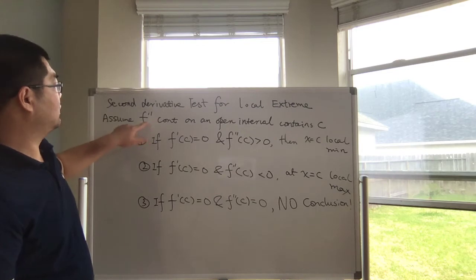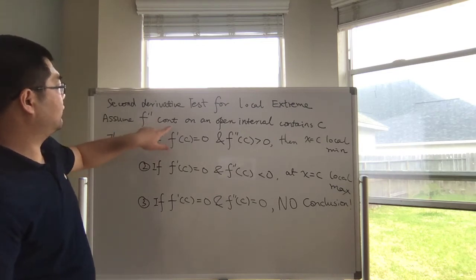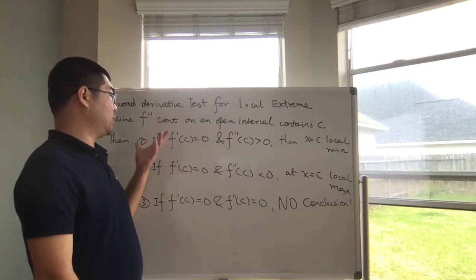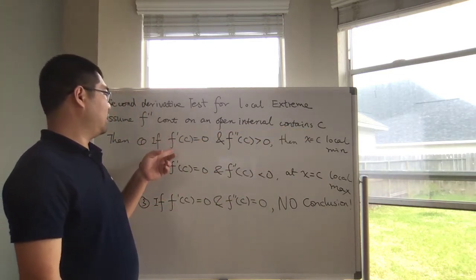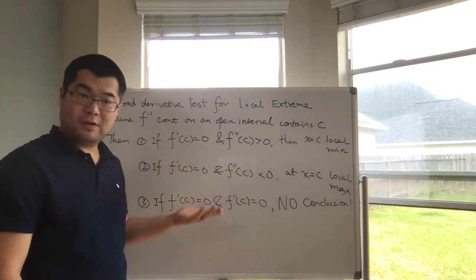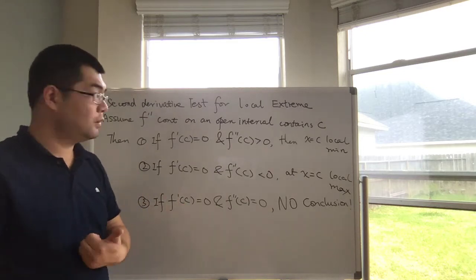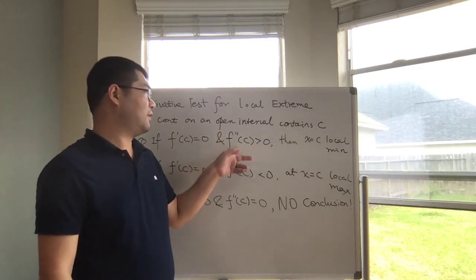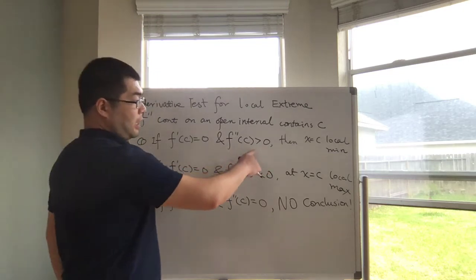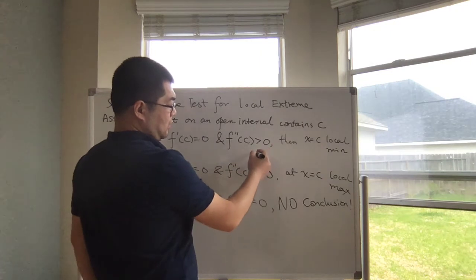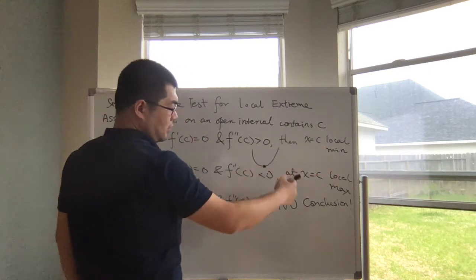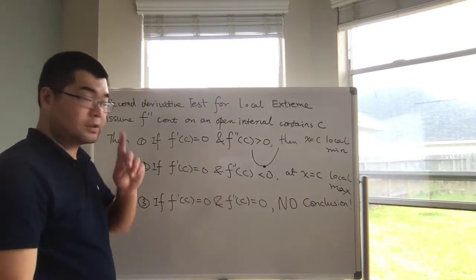So if the second derivative is continuous on an open interval containing c, here's what it says. If the first derivative evaluated at c is 0, which is a critical point, as we just saw at -3 and 4, and meanwhile the second derivative evaluated at this point is positive, in other words, you have concave up, then you have a local minimum in this first case.